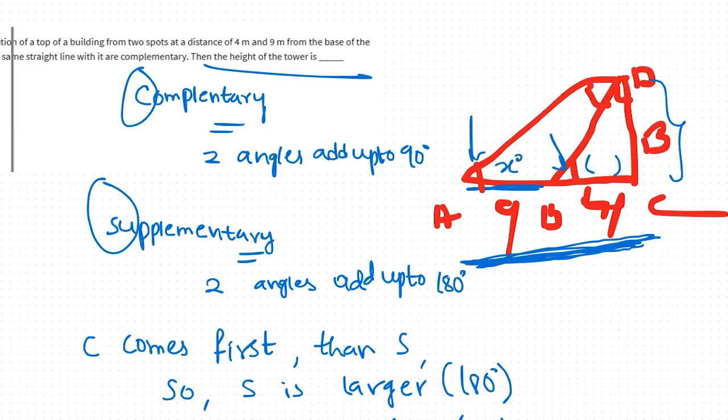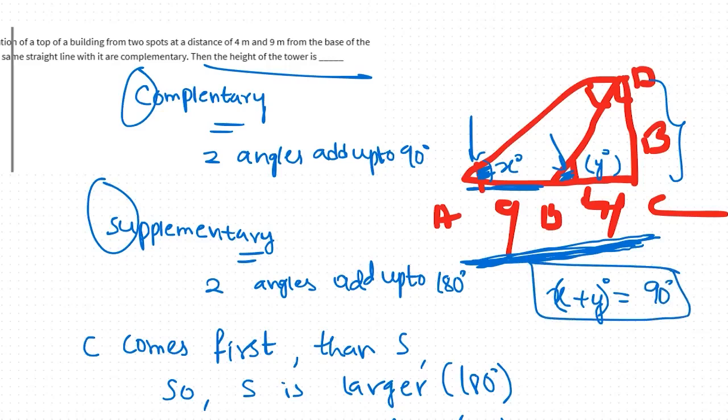If one angle is x degrees and the other is y degrees, and they are complementary, then x plus y should add up to 90. That is the first condition.